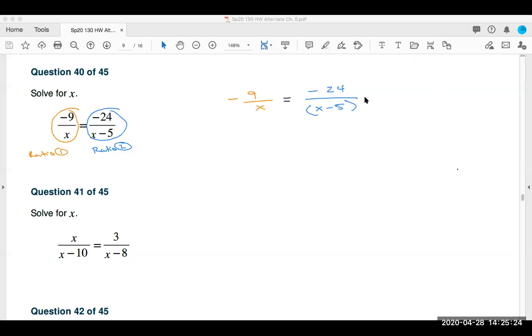So cross multiplication. Okay, essentially if I have A over B equals C over D, that's ratio equals ratio, I can cross over. This becomes cross product 1.